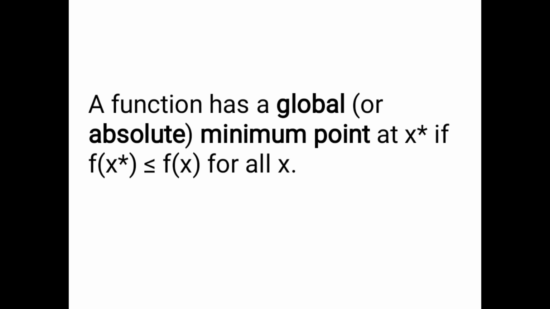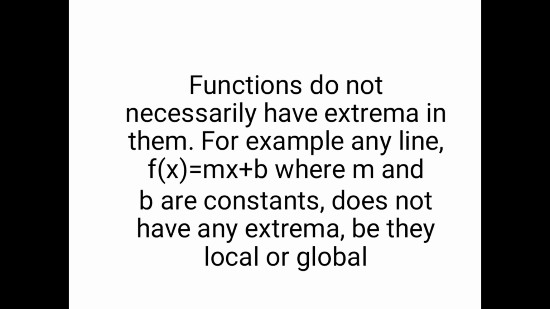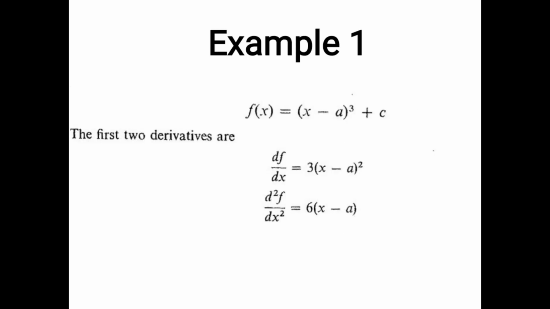Also, a function has a global or absolute minimum point at x star if f of x star is less than or equal to f of x for all x. Functions do not necessarily have extrema. For example, any line f of x equals mx plus b, where m and b are constants, does not have any extrema, be they local or global.